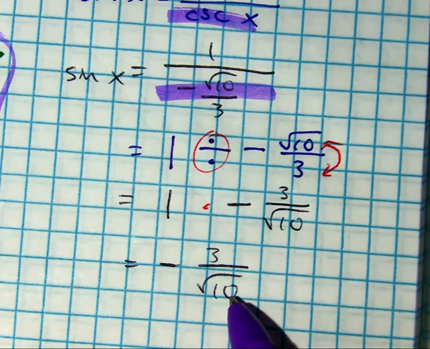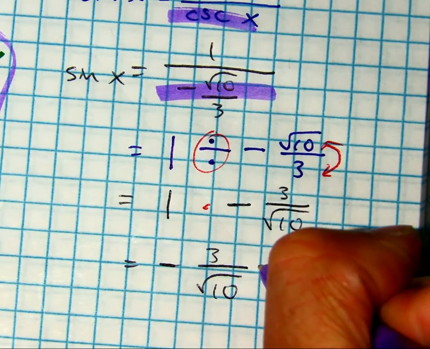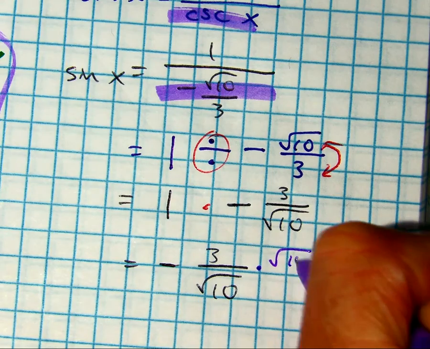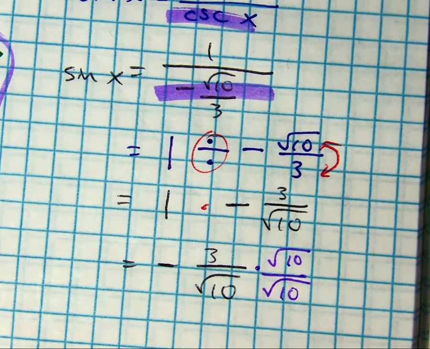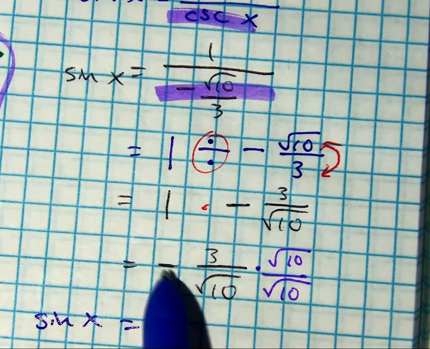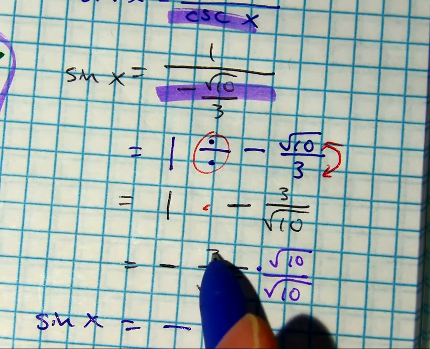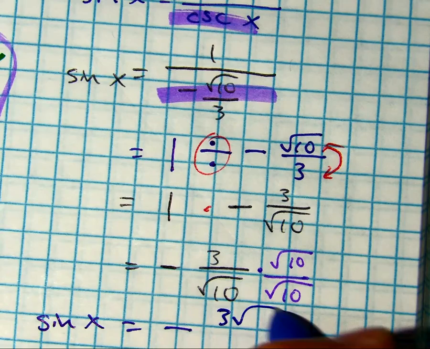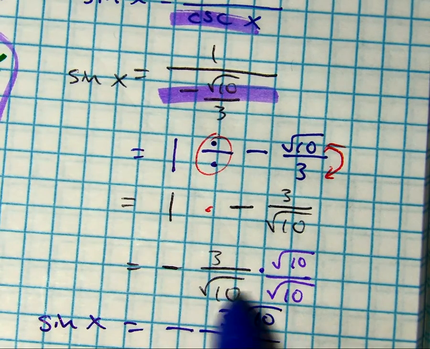To get rid of the radical 10, rationalize. Negative times a positive is negative 3 radical 10 over radical 100, which is 10.